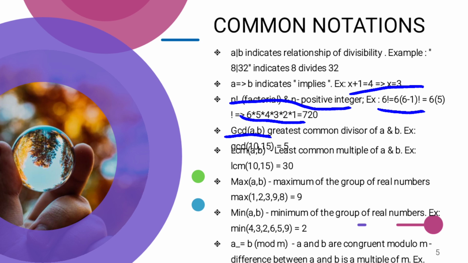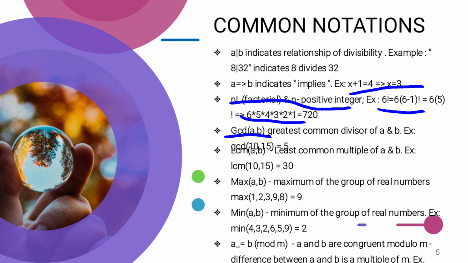You have to find a common divisor that should divide both A and B, and it should be the greatest of all. Any bigger number will not divide both A and B as a common divisor.